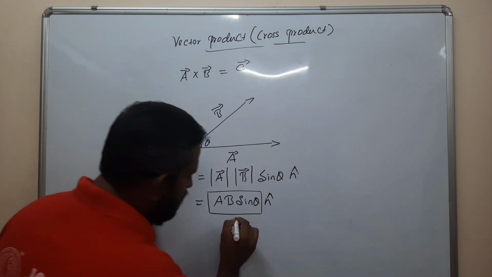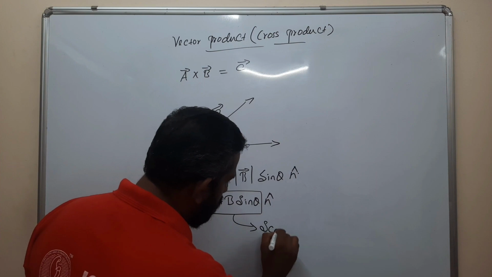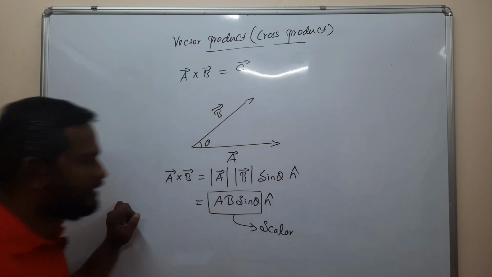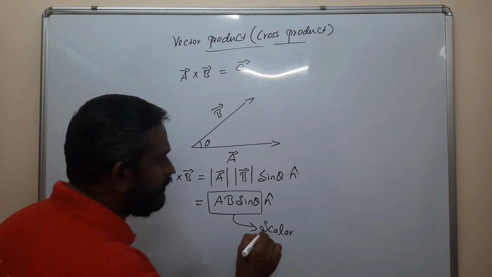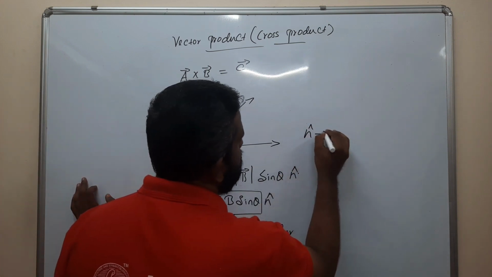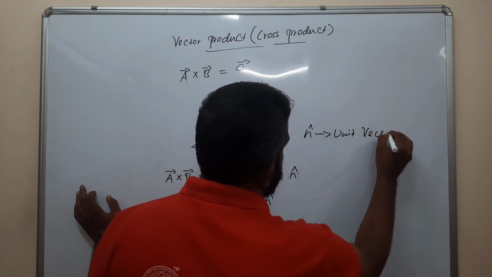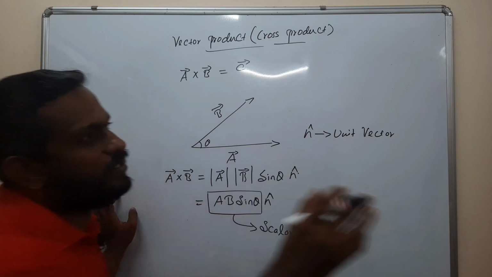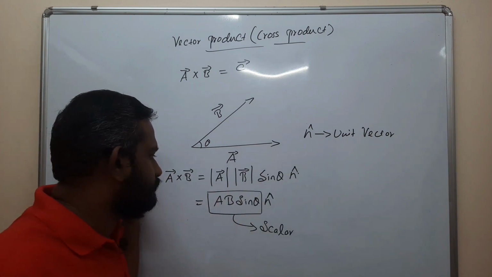So this is a scalar, and this n cap is a unit vector which gives the direction of the cross product, that is A vector cross B vector.